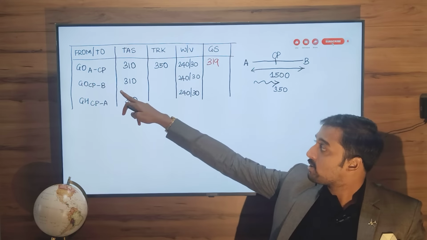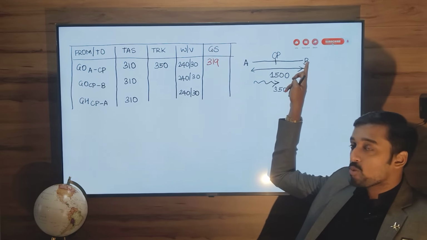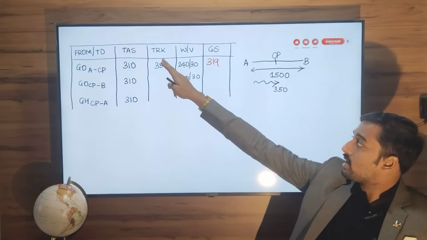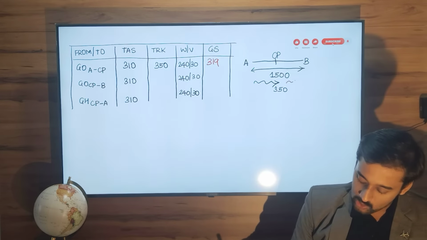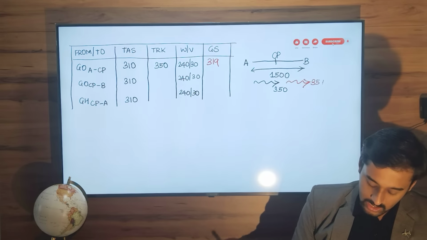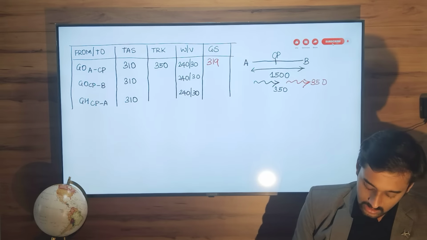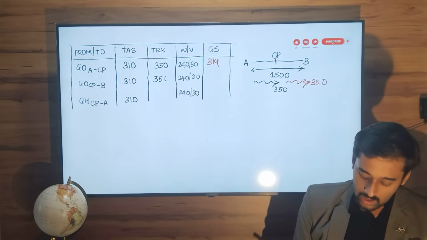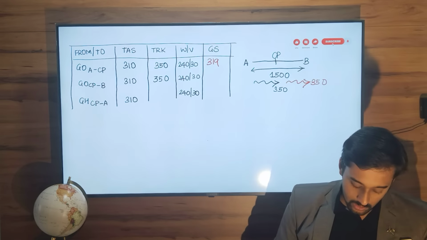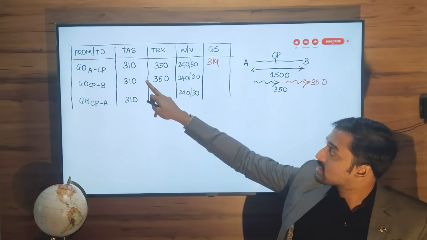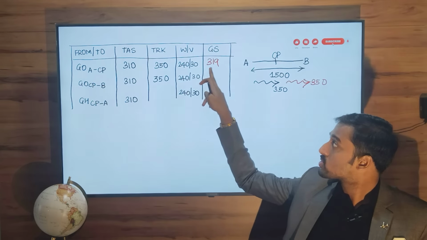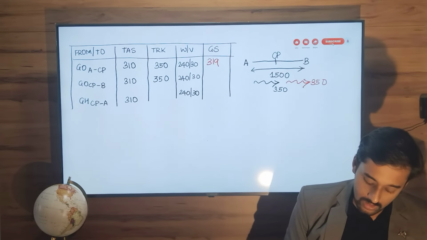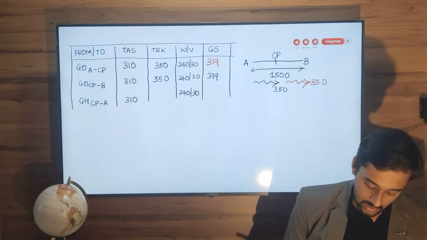When you fly from critical point towards point B, you're following the outbound track, which is 350. Same 350, so let's put track 350 and calculate ground speed. The track is the same, winds are the same, so ground speed will also be the same, 319.